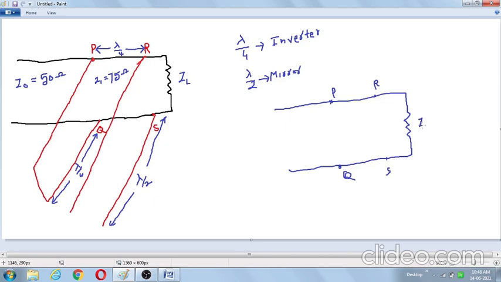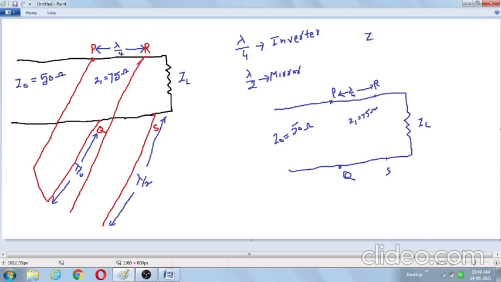Now we have to calculate ZL. We know that Z0 is equal to 50 ohms. Z1 is equal to 75 ohms, the characteristic impedance of the lambda by 4 transmission line. So what is ZPQ?